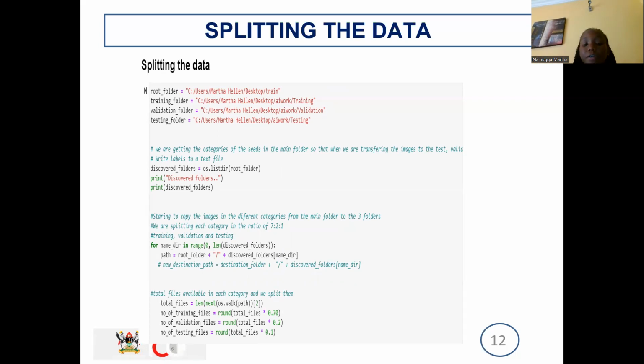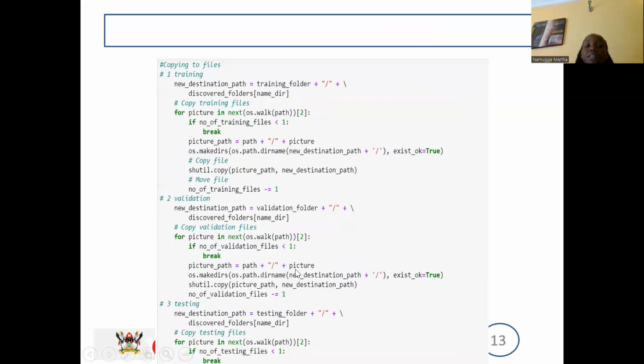When I'm transferring the images, I'm transferring them in a ratio of 7 to 2 to 1. So this is what it means. It's like a loop. This is for copying the files into the validation, this is copying the files into training, and this is for testing.